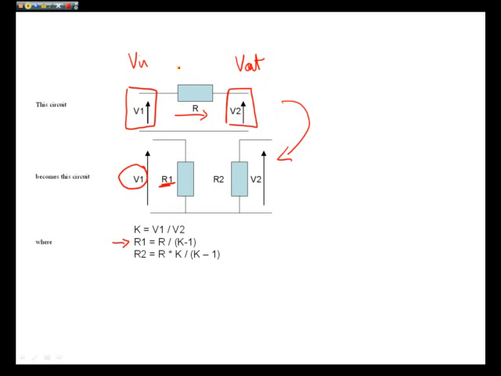So if K is V in over V out, we've got basically 1 over gain. So here we have reciprocal gain minus 1. And then R2 is R times K over K minus 1. So let's think about what that would look like in our small signal equivalent model and see if it will help us.